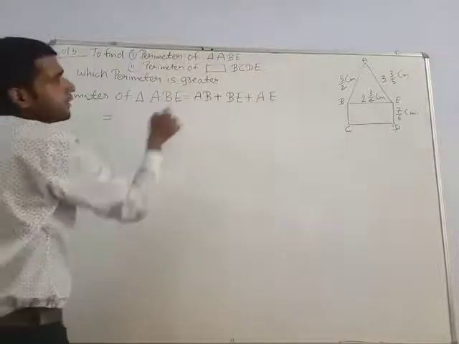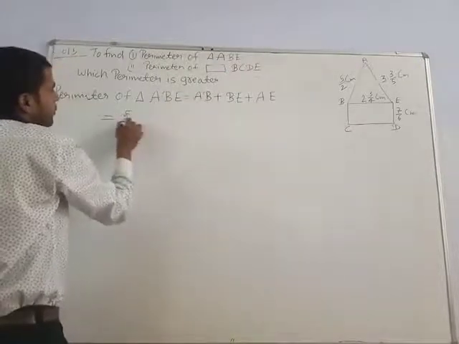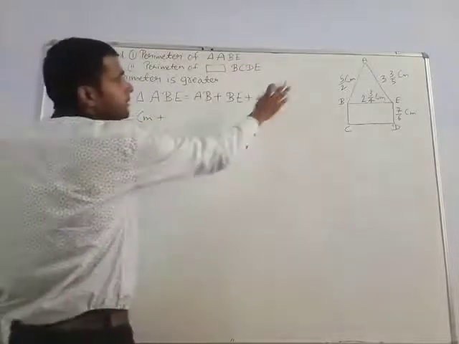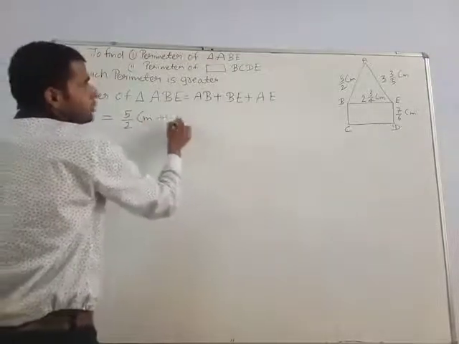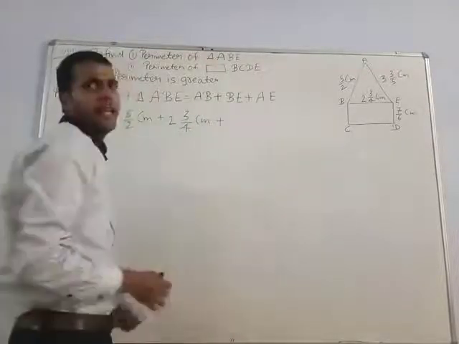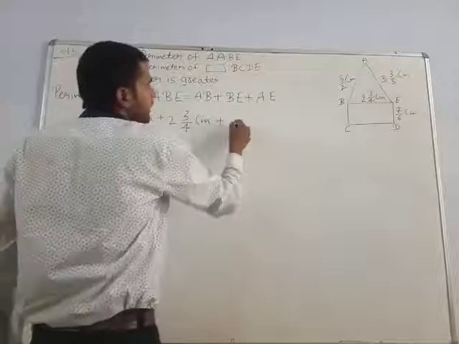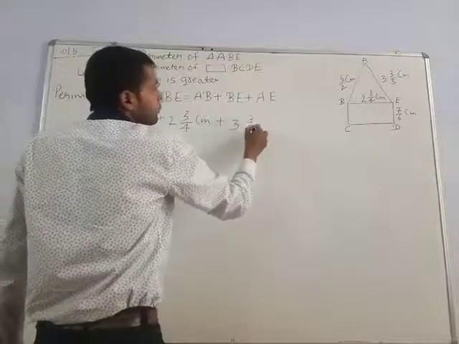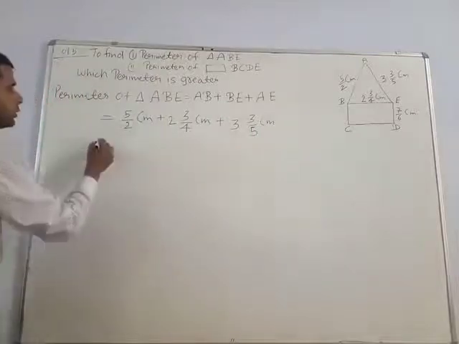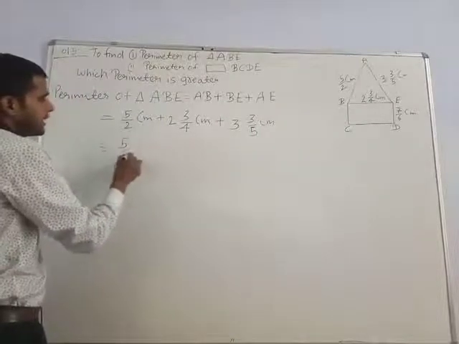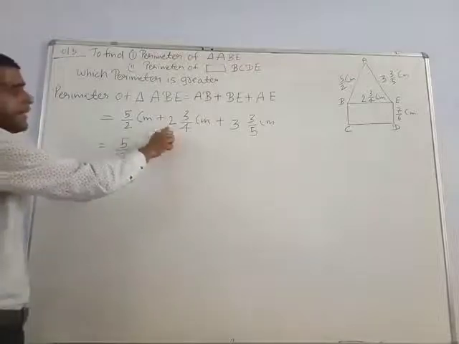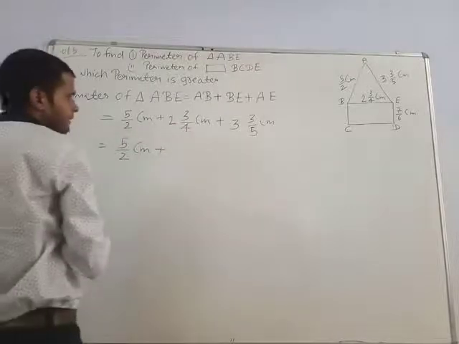What is AB? AB is 5/2 centimeter plus BE is 3/4 centimeter plus AE. AE is how much? 3/5 centimeter. Right?